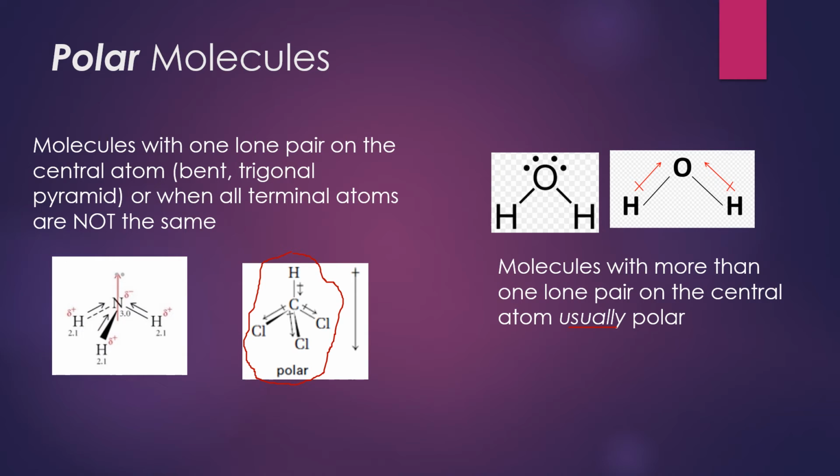Going back over to this nitrogen trihydride example, it might be hard to see, but there is a lone pair on the nitrogen. So that's why it is polar. There's a lone pair on the central atom, causing it to be a trigonal pyramid.